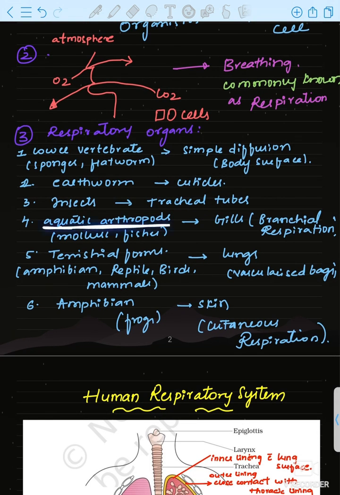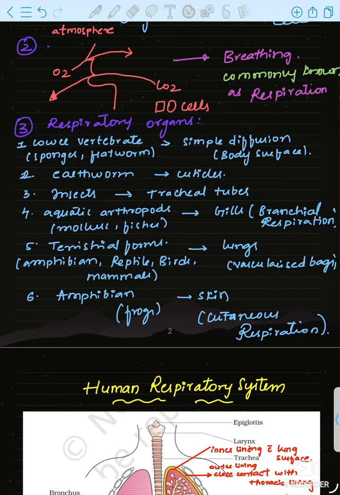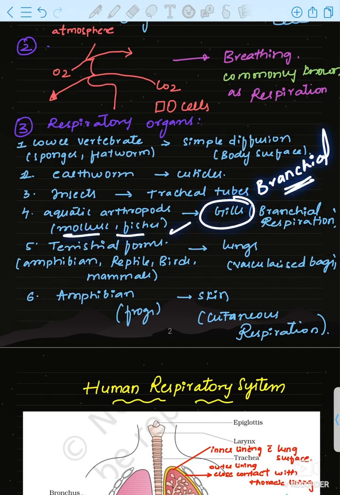Next, aquatic arthropods, meaning those which live in water, like mollusks or fishes. They have gills. Gills help in branchial respiration. It is not bronchial, it is branchial. Branchial respiration through gills by mollusks and fishes.